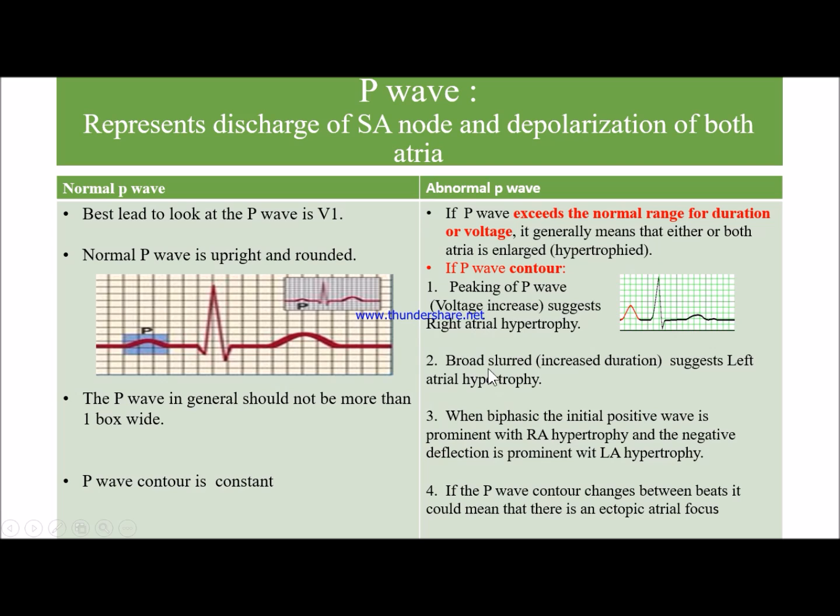If there is a broad, slurred increase in duration, it suggests left atrial hypertrophy. When the P wave is biphasic, it may be positive like a sawtooth, up and down. The positive deflection is due to right atrial hypertrophy and the negative deflection is due to left atrial hypertrophy. If the P wave contour changes between beats, it means there is an ectopic atrial focus, meaning the impulses are not coming from the atria but from some other place.